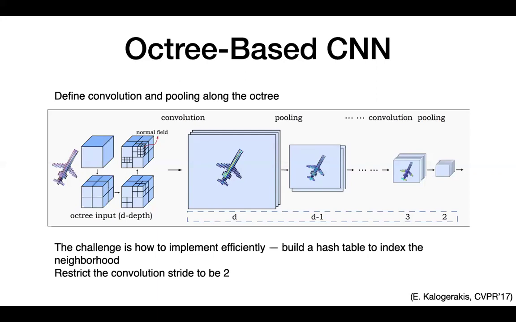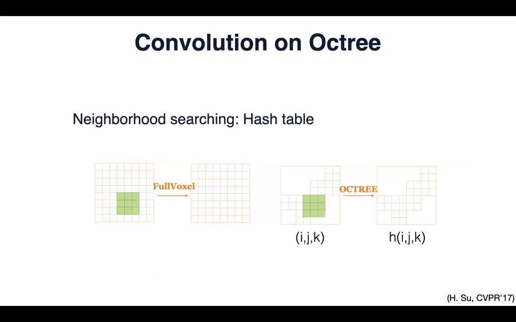And then, because we are dividing each voxel by half in the 3 dimensions to create the octree, which is the way we create the 8 children from that voxel, we are going to use a stride of 2 that will be compatible with the hierarchical structure of the octree. And so that enables us to use this network.